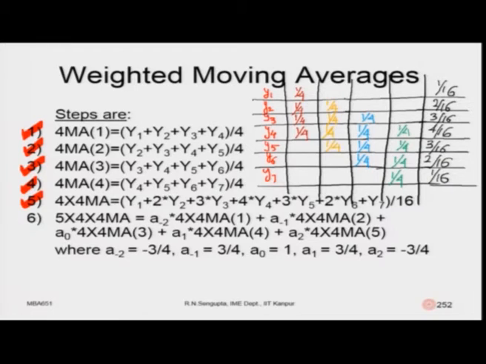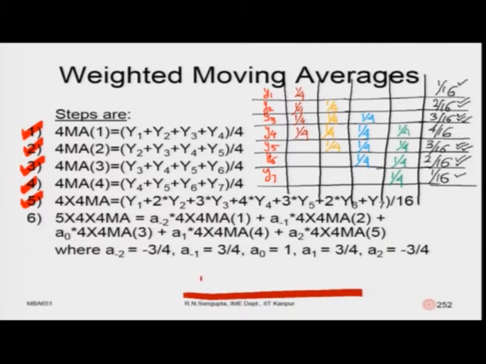So, if you see the weights, this one and this one are equal, y2 and y6 are equal, y3 and y5 are equal, and similarly the middle one is the highest. So, if you look at this histogram and I draw it, this is the baseline, I am just inverting it.